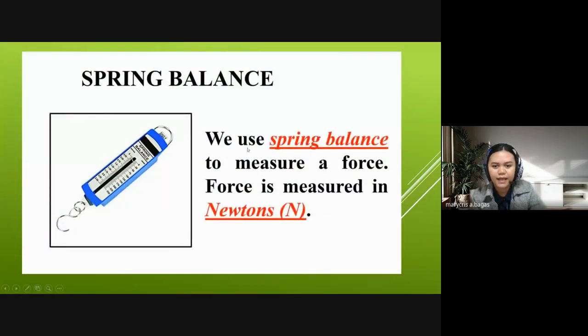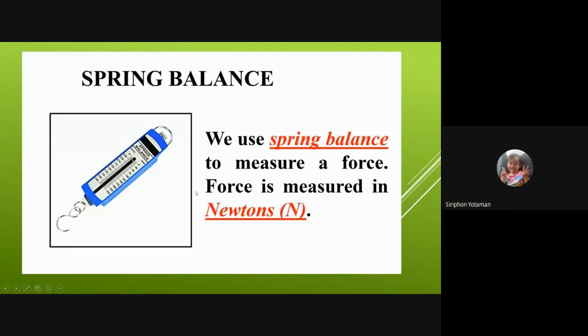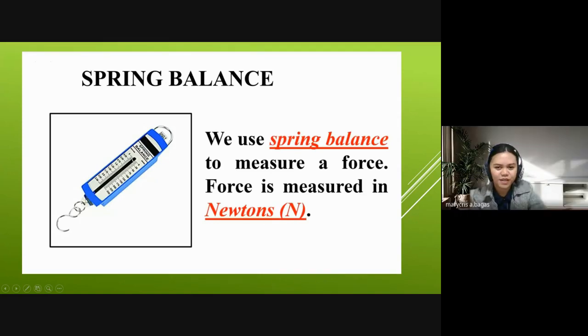Spring balance: we use a spring balance to measure a force. Force is measured in newtons. This is what a spring balance looks like. We use this to measure force.